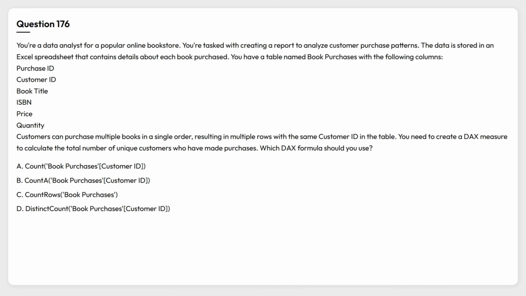Customers can purchase multiple books in a single order, resulting in multiple rows with the same customer ID in the table. You need to create a DAX measure to calculate the total number of unique customers who have made purchases. Which DAX formula should you use?